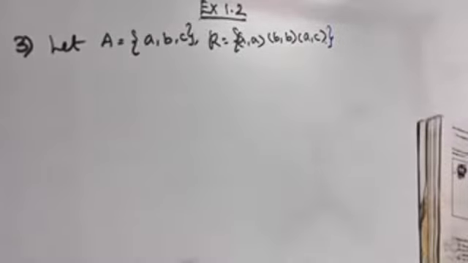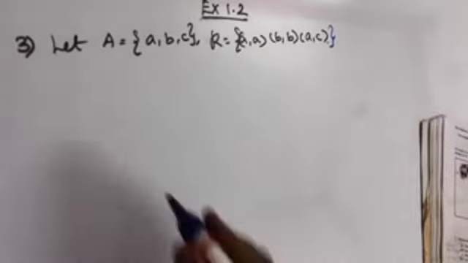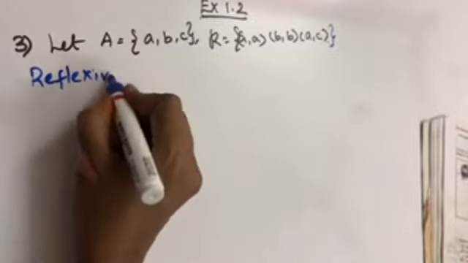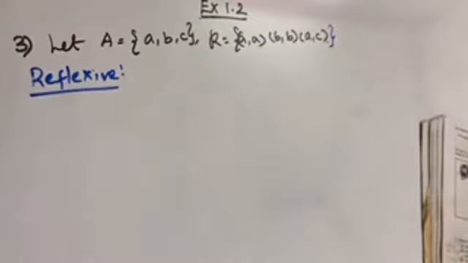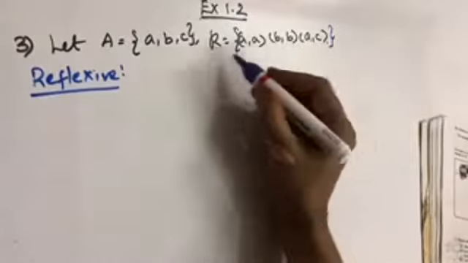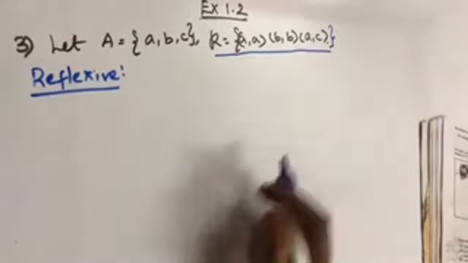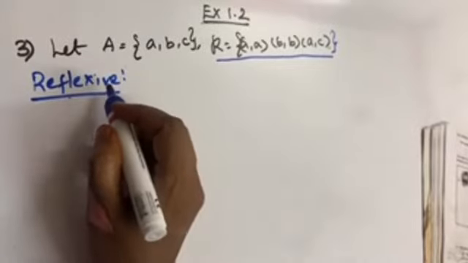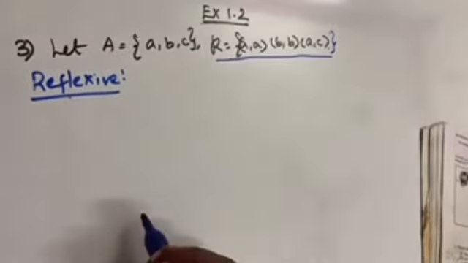It is similar to the previous problem. First we have to prove the condition reflexive. What are all the pairs we need to add to this relation? They have given a few terms already. To make it a reflexive relation, what are all the terms we have to add?